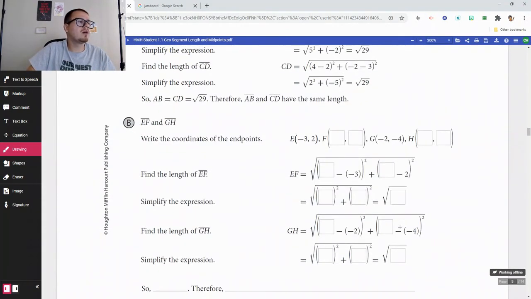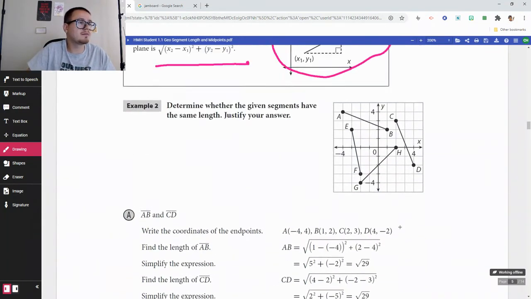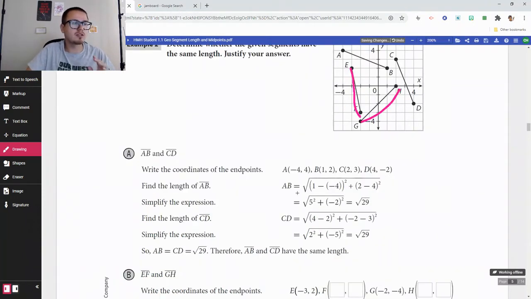So here we go. They want us to use line segment EF and GH. So let's find those real quick. So we have EF, right? And GH. Whoa, that curved way more than I wanted to. It is what it is. EF and GH. So if we review what they did for AB and CD, they wrote the coordinates, which is good.